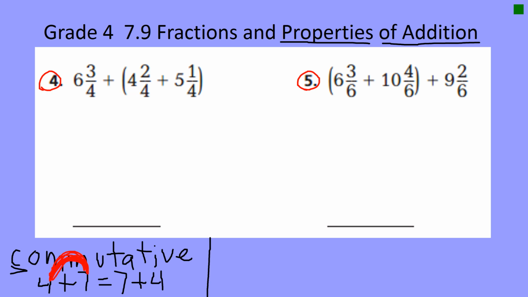The other property of addition is the associative property. Now, if you were here standing with me, I would shake your hand and I'd say, hello, associate. Nice to see you today. Because associates are people who work together.